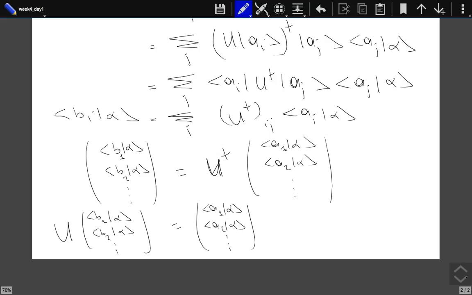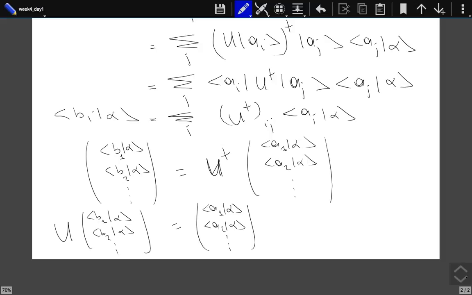One interpretation of U is that it just tells you how your coordinates, the components, are transformed as you are rotating your coordinates, let's say. That is one way of looking at it.